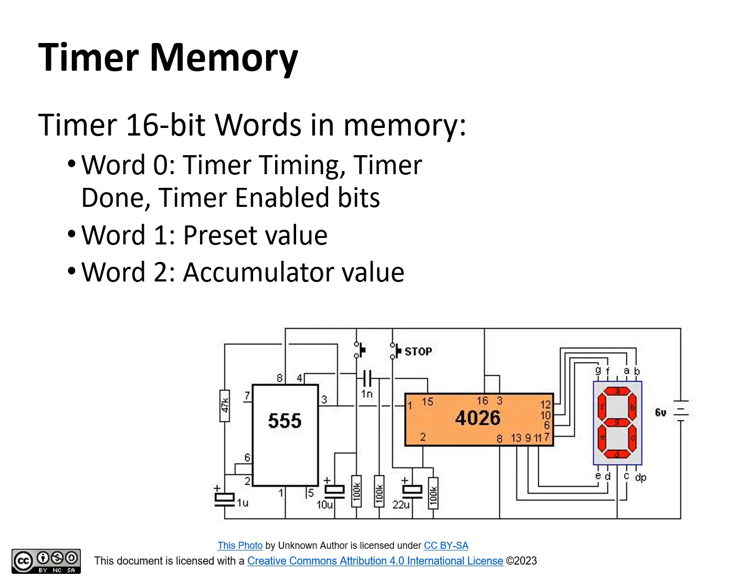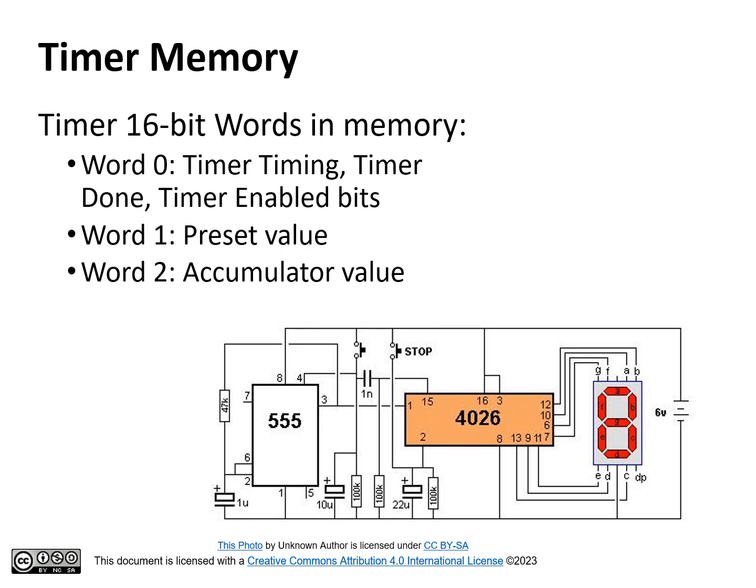Word 0 contains the timer timing bit, the timer done bit, the timer enabled bit, and the other 13 bits for internal use. The timer timing bit is on when the timer is currently timing. The timer done bit is on only when the timer reaches its final time, or preset value. The timer enabled bit is on to indicate the timer is enabled, or energized.